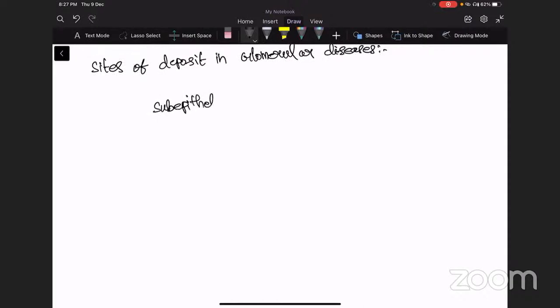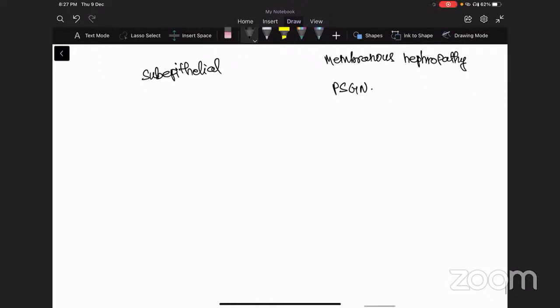Subepithelial deposits are seen in membranous nephropathy and in PSGN. This has been asked in the previous FMGE exam.